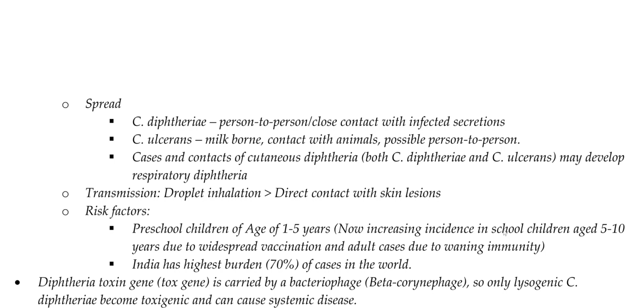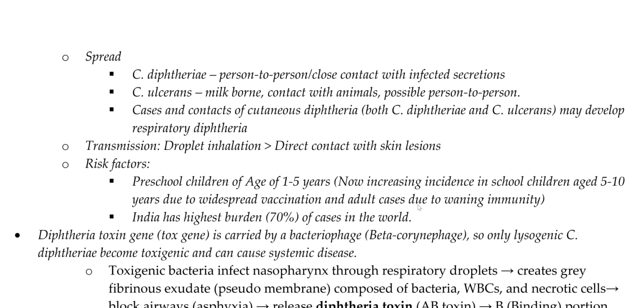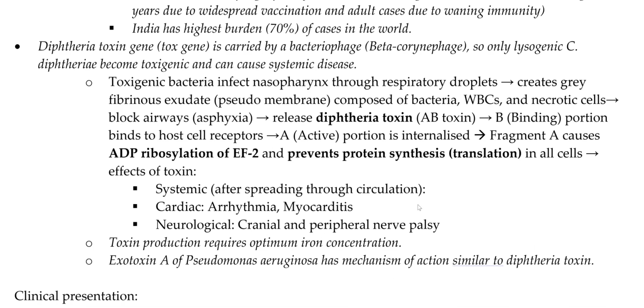Now, how do these toxigenic bacteria acquire this toxin, and what is the mechanism? Let us understand that. The diphtheria toxin gene is carried by a virus, a bacteriophage, also known as beta corynephage, and it causes lysogenic conversion. And only these lysogenic Corynebacterium diphtheriae become toxigenic. They acquire this property of toxin production, and they are able to cause respiratory diphtheria and systemic complications and diseases.